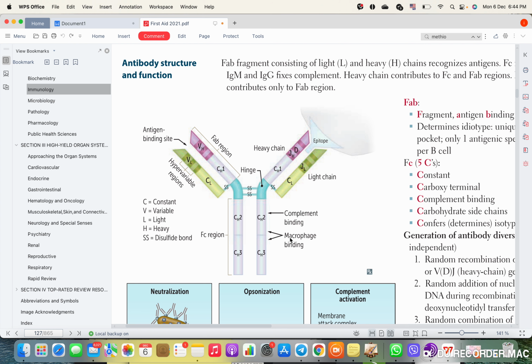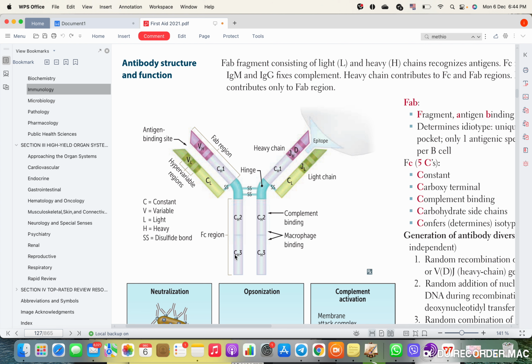Okay, now let's add one more thing. So we have something called a constant region, which has little c's here. C, C, C, C, C, C, C. Why this is important, we'll see in the future. But if you have a constant region, that means that you must have what?